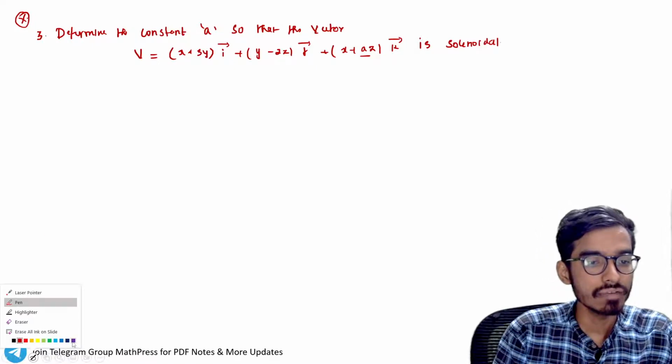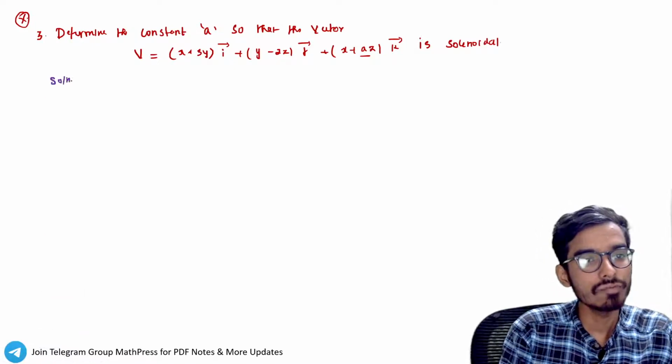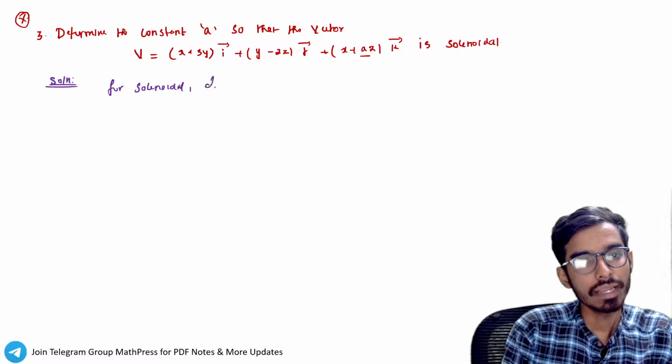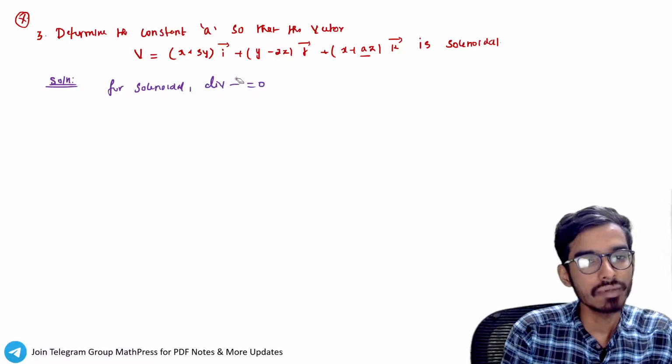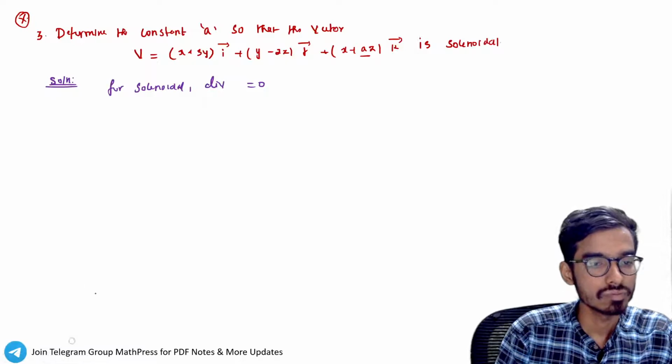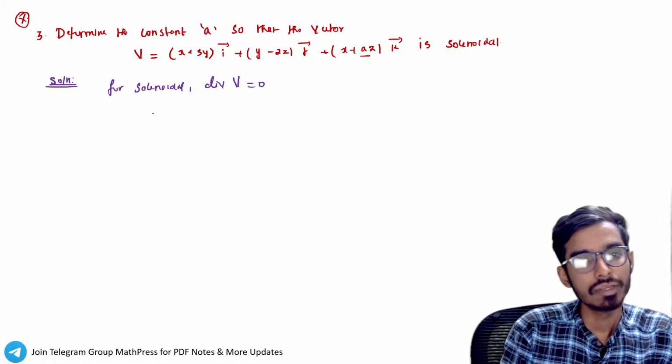So we know that the vector is solenoidal if the divergence of the vector is 0. So for solenoidal, divergence of f is 0, or here we have b, so divergence of b is 0, right? Now what is b here? So b is this.